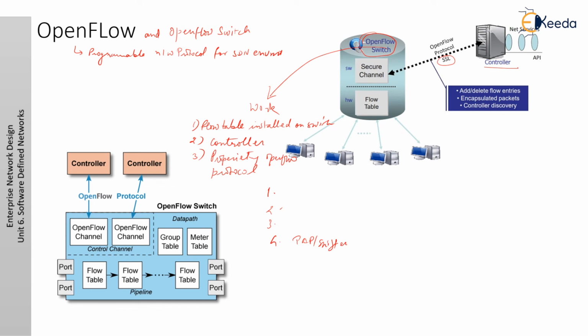So now comes the question: why is OpenFlow switch a new trend? OpenFlow switch is designed to provide consistency in traffic management and engineering by making control functions independent of the hardware.